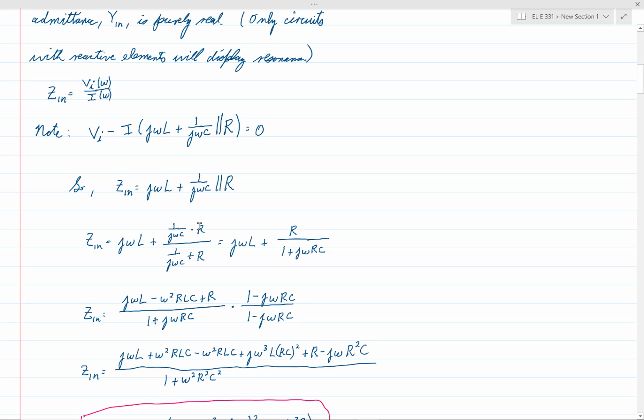And so that is what we mean by this notation right here. And then j omega L is added to that. Okay, and this expression here can be simplified by multiplying top and bottom by j omega C. And so in the top you would get R, and then the bottom you would just get 1 plus j omega RC.